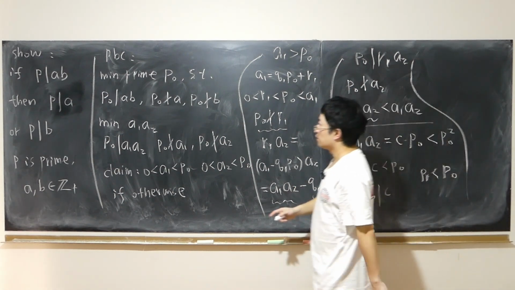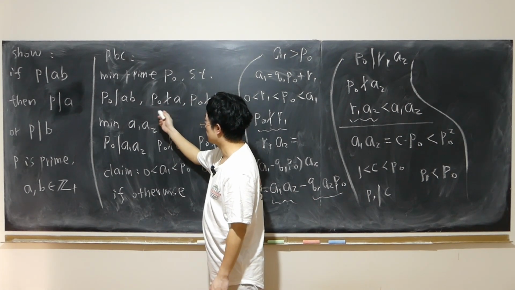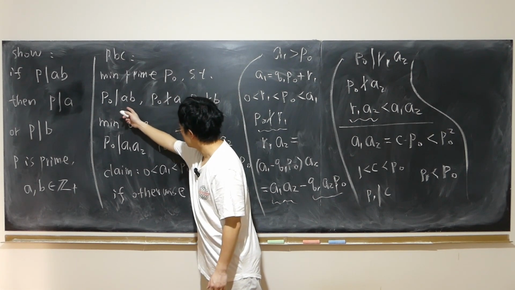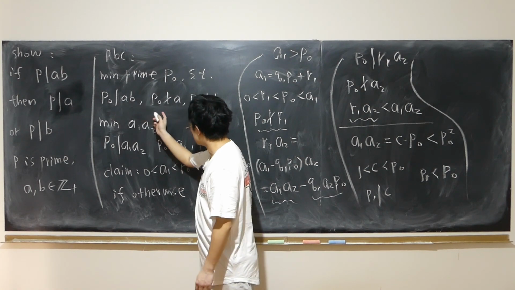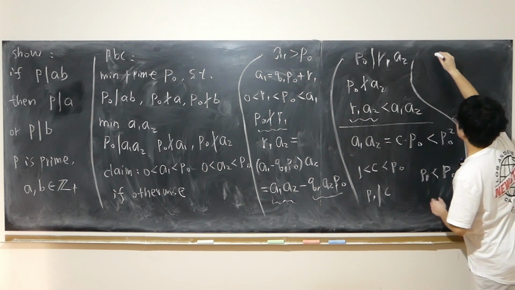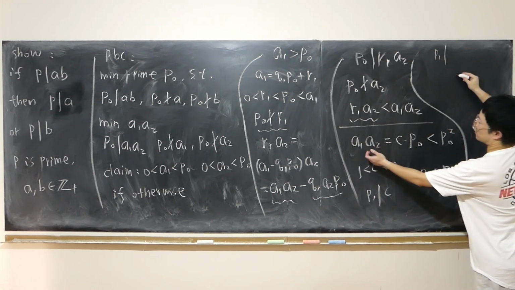Because P naught is the minimum prime that satisfies this condition, any prime smaller than this one will divide AB but divide at least one of them. So in this case, I say P1 divides at least one of them.